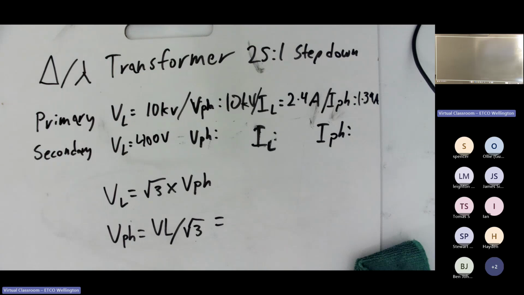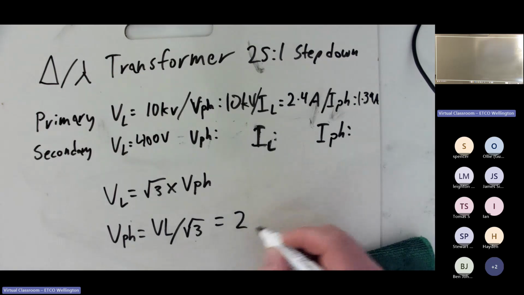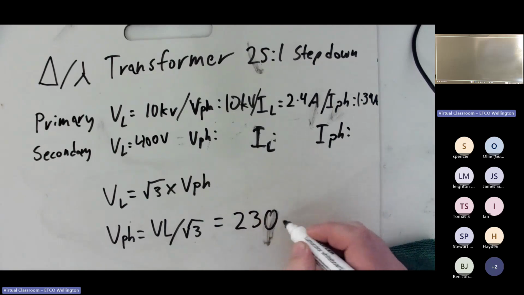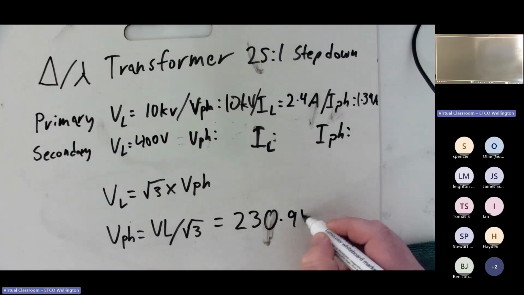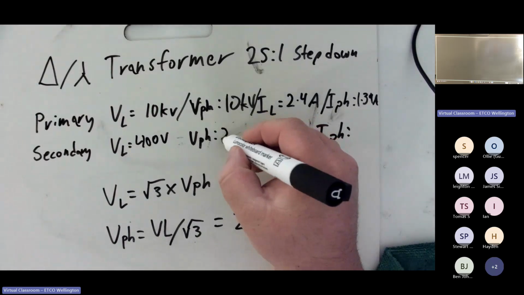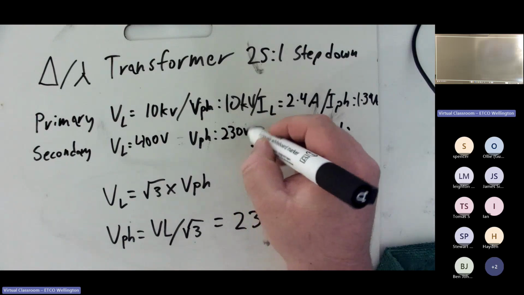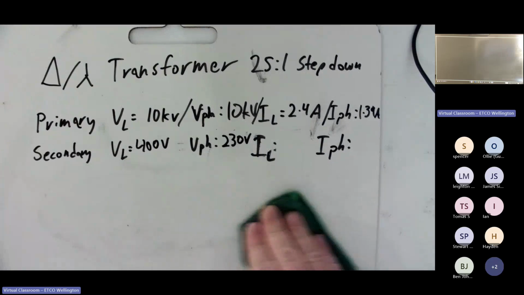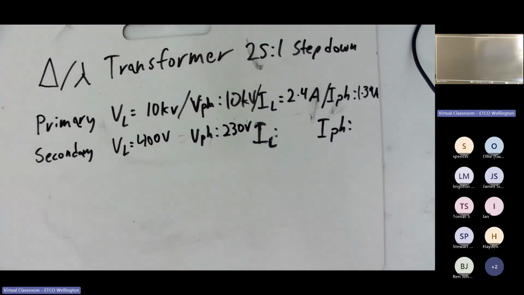Yeah, it should spit out 230.94 volts, which, if you look at the 400 volts, you go, yeah, cool, 230. So just for ease of fitting it in, we will put 230 volts there. Yeah, 230.94 is the more accurate one.